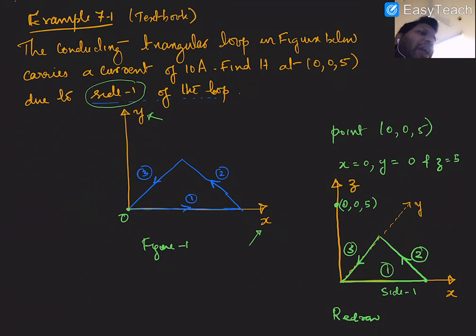Anyway, we are asked to find only the effect due to side 1. So after redrawing figure 1, I will show only the x-axis and z-axis now.